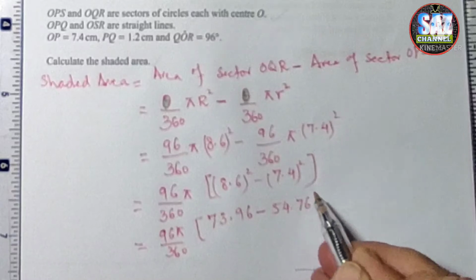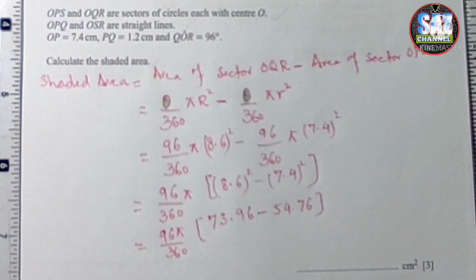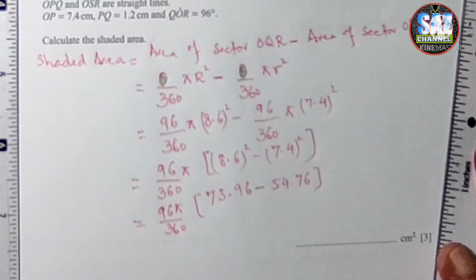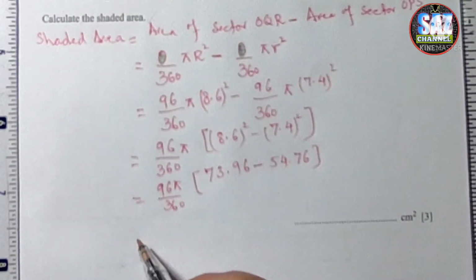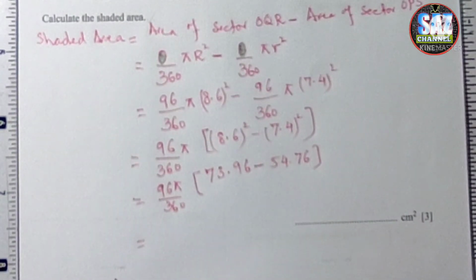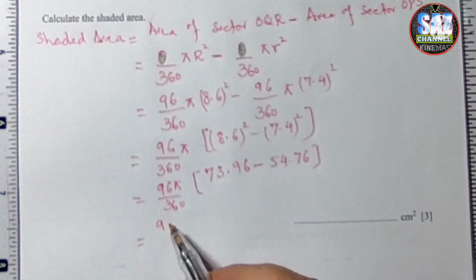I'm going really slow because this question is equally important for my O2 and O3 students. Please, you must watch and understand all these lessons properly before your O-level examination.